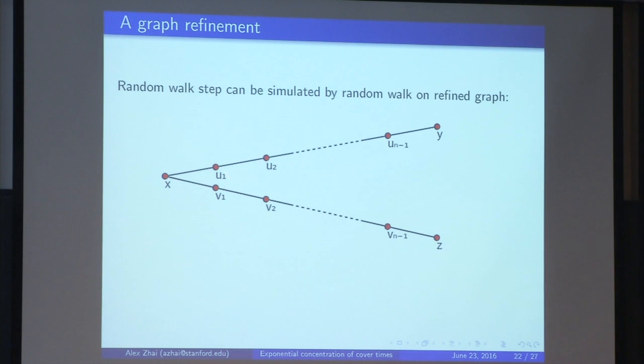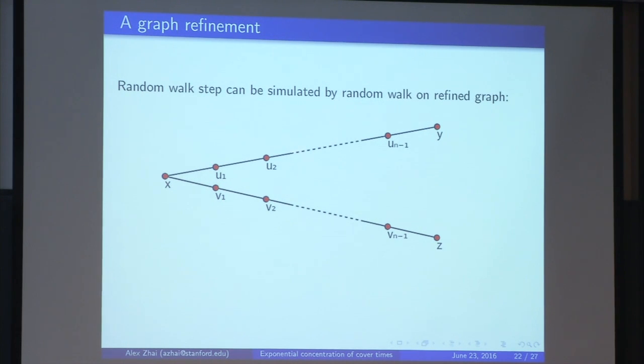Basically, I'm going to simulate the random walk going from x in the original graph, where I just go to y or z with equal probability, on this new graph by doing a random walk on the new graph. If I start at x, I'll go to u1 or v1 with equal probability.